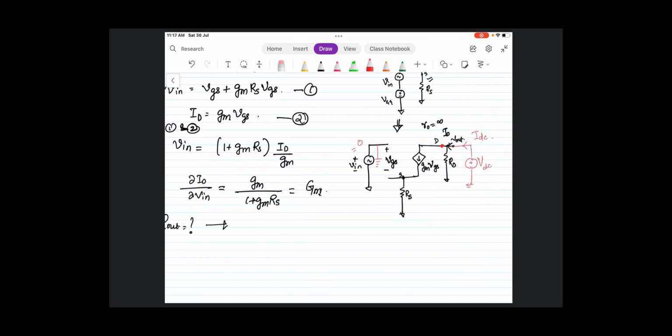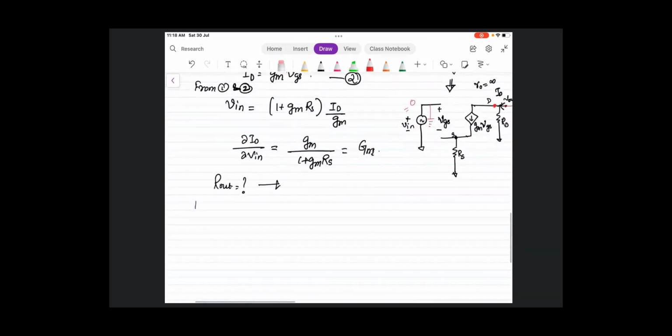Okay, and you will arrive at the solution, which will basically give you R out to be the parallel equivalent of RD and R naught plus 1 plus gm R naught into RS. Okay, so basically I had considered R naught to be infinity here, and therefore this will be approximately equal to RD only.